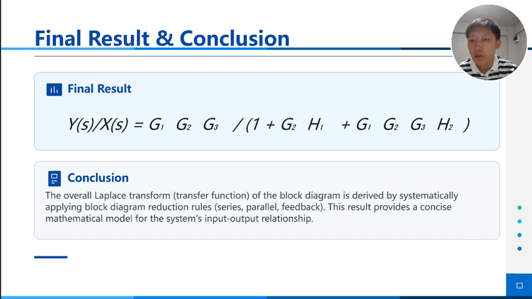This result provides a concise mathematical model for the system input-output relationship, and the final result is Y(s)/X(s) is G1 multiplied by G2 multiplied by G3 divided by 1 plus G2 H1 plus G1 G2 G3 H2.